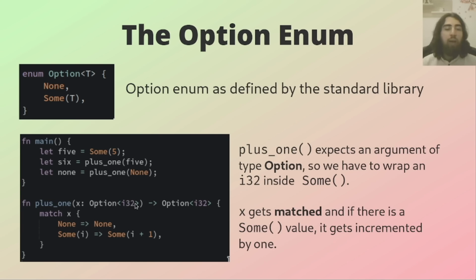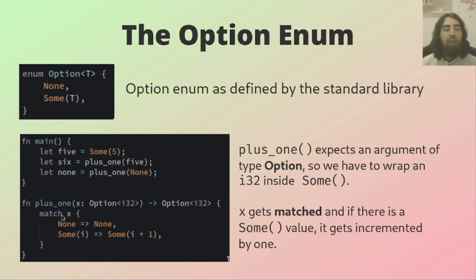Now we have to provide a concrete type for this generic type parameter. Now again, we will cover that in much greater detail, but as you can see, this is exactly the type we are passing to the function. Some is a variant of the Option enum, and it is holding an i32 type.